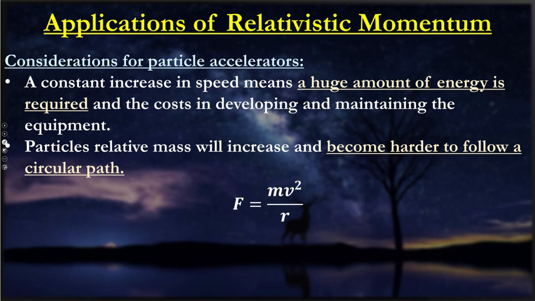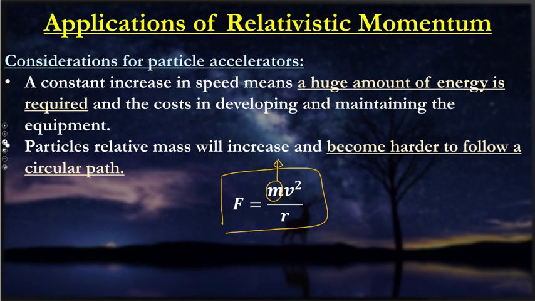In terms of particle accelerators, another thing is sometimes they will be fired in a circular path. So what we also know with this is, as the object has a mass increase as it travels closer to the speed of light, if we are applying a constant force again, then that means that the radius will also decrease.